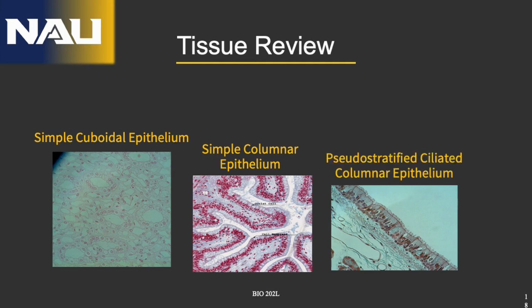It's pseudostratified ciliated columnar epithelium. Now that's a mouthful. Pseudostratified means it's kind of faking being stratified, and that's because they're kind of obliquely intruding on themselves. And then you have ciliated, meaning it has cilia, like these hairs right here, and then they're columnar shaped, and they are along the lining of a lumen, so they're epithelium.